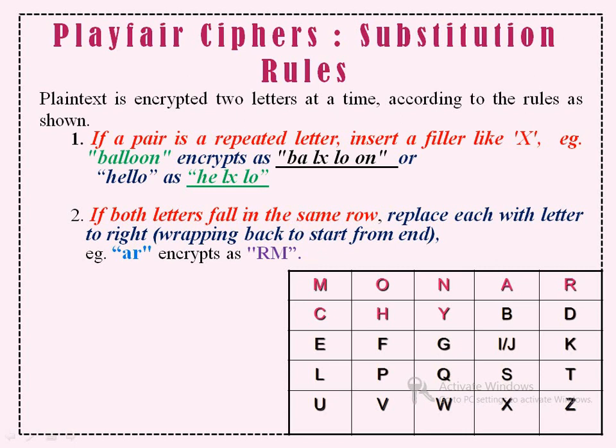This X that you are looking at is only there because there is a repeating L which you are observing over here. Understand? So this is the first rule that please make a note of.